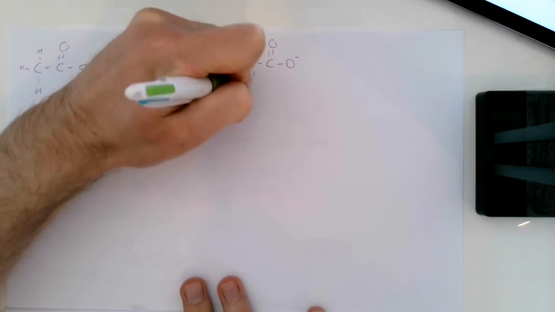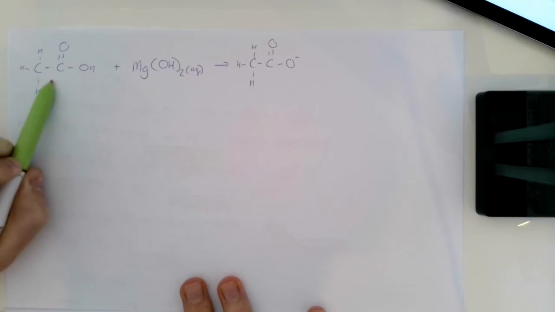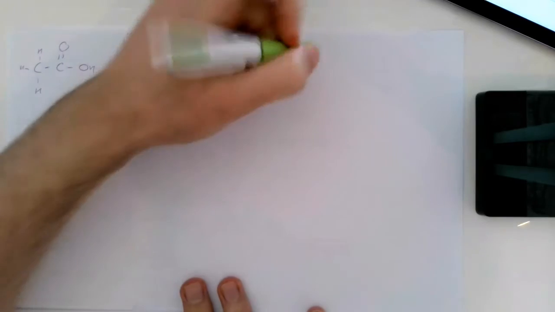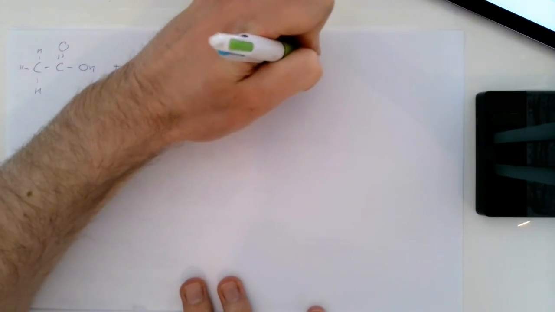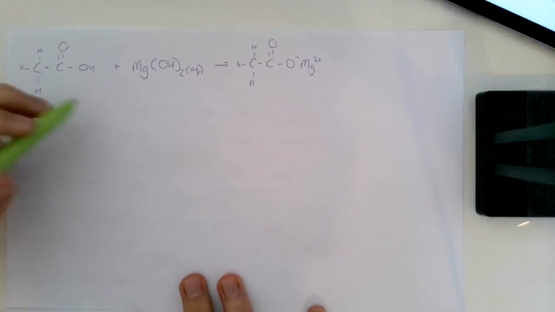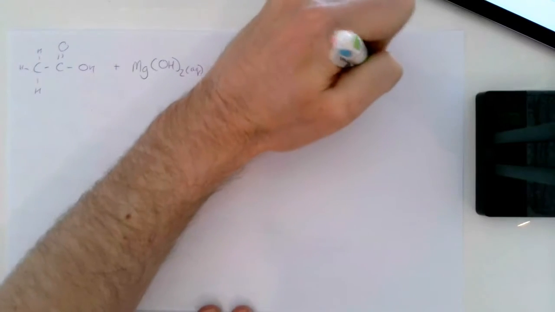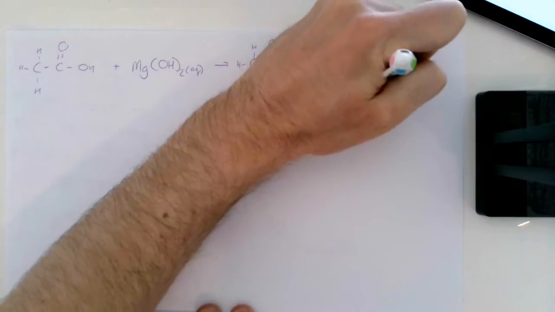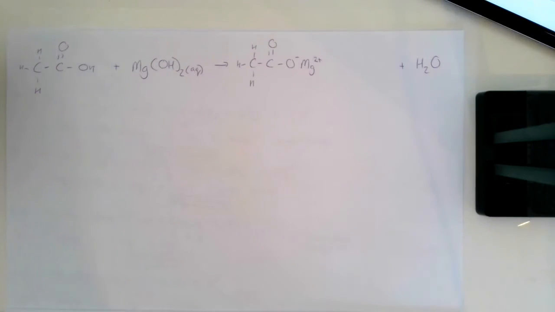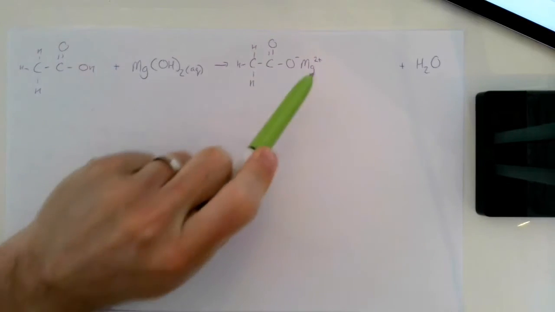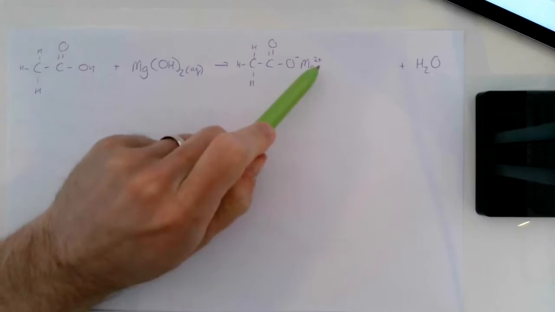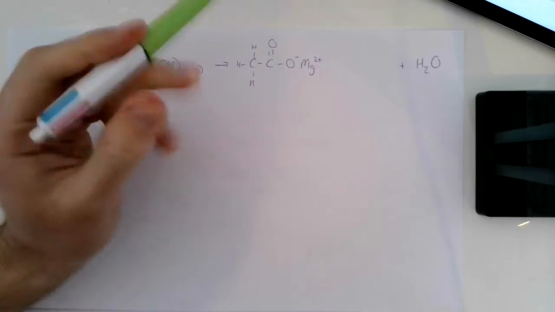So the acid gave up a proton, there's the metal. Hopefully you can start to see the problem that we've got here, and we're also going to get water as a side product. So the problem, in case you didn't spot it, is that we've got an O minus, but we've got two pluses, so the charges don't cancel out at the moment.